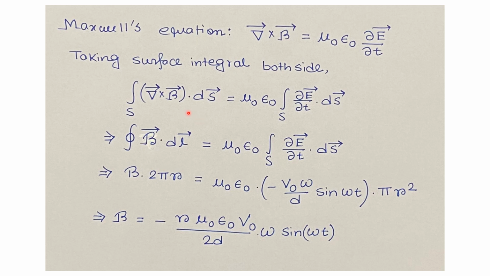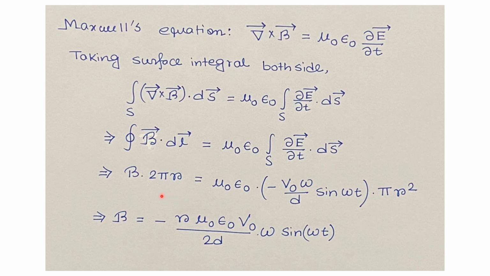Now we can convert this surface integral into the closed path integral. So that is given by the closed path line integral of the B vector equals mu naught times epsilon naught times the surface integral of del E by del t dot ds vector.